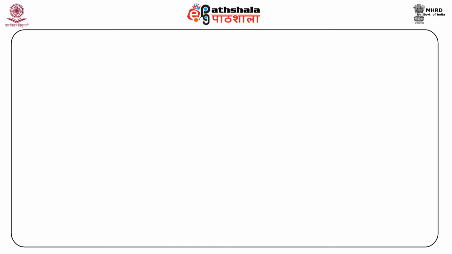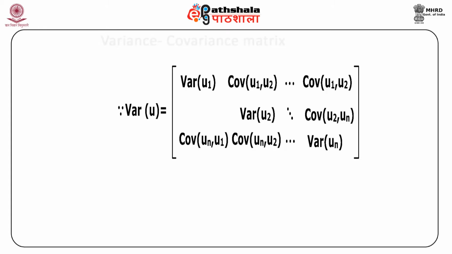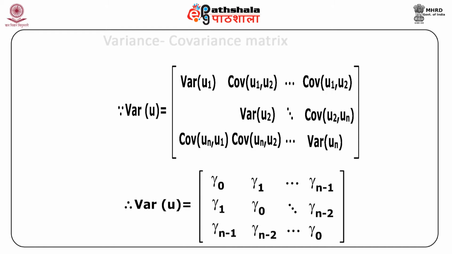For a sample with n observations, the variance-covariance matrix of the disturbance term may be written as follows: the variance of u is equal to variance of u_1, covariance of u_1 u_2, and so on, up to covariance of u_1 u_n. In the second row, we similarly have covariance u_2 u_1, variance u_2, up to covariance u_2 u_n, and so on.